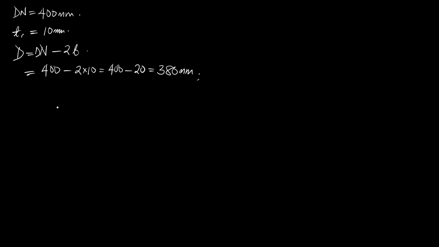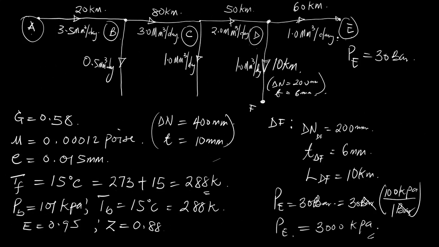So having gotten this, we now have to employ the flow equation. Our first point is for DE, we are given the downstream pressure, which is PE.